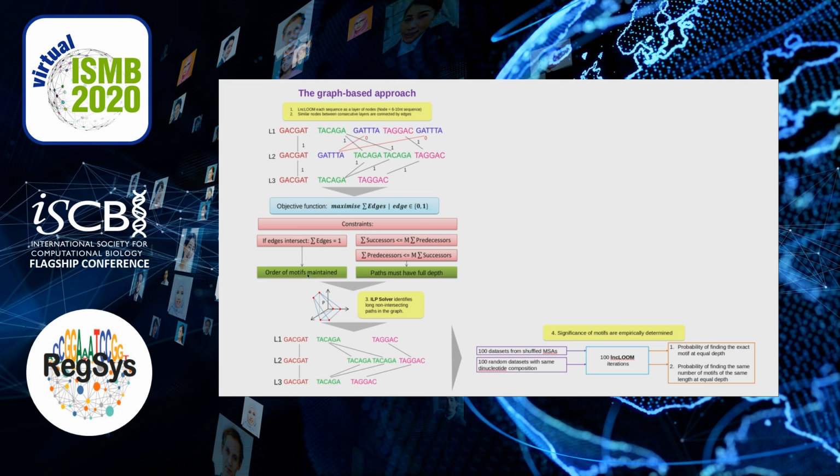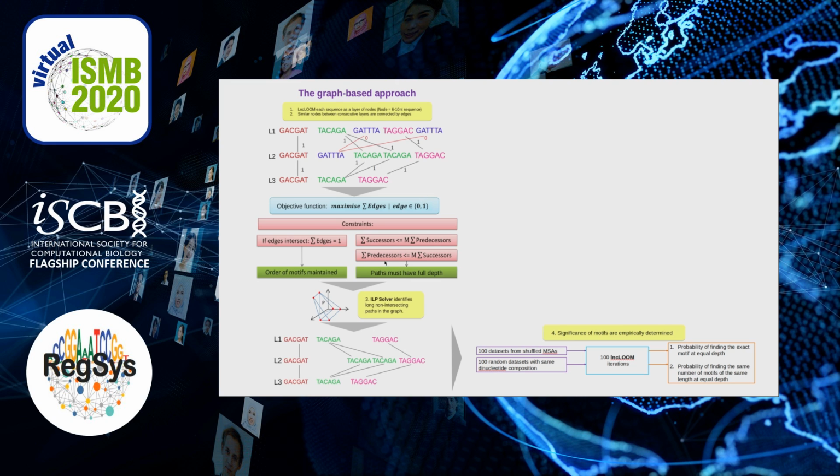The constraints that we impose on the system are to achieve two objectives. Firstly, we want to select motifs that appear in the same order, therefore we do not allow edges to intersect. And we also want LncLOOM to favor long paths of more conserved motifs over motifs that maybe are more repetitive but are not conserved in more distantly related species.